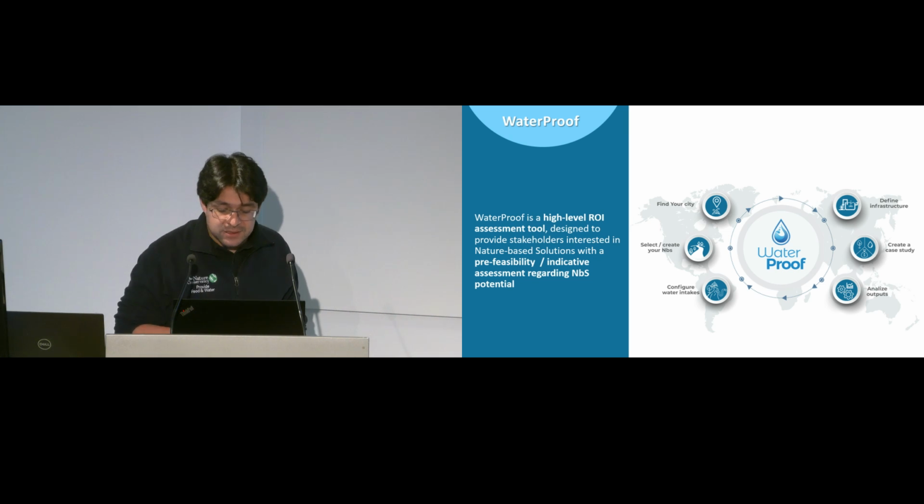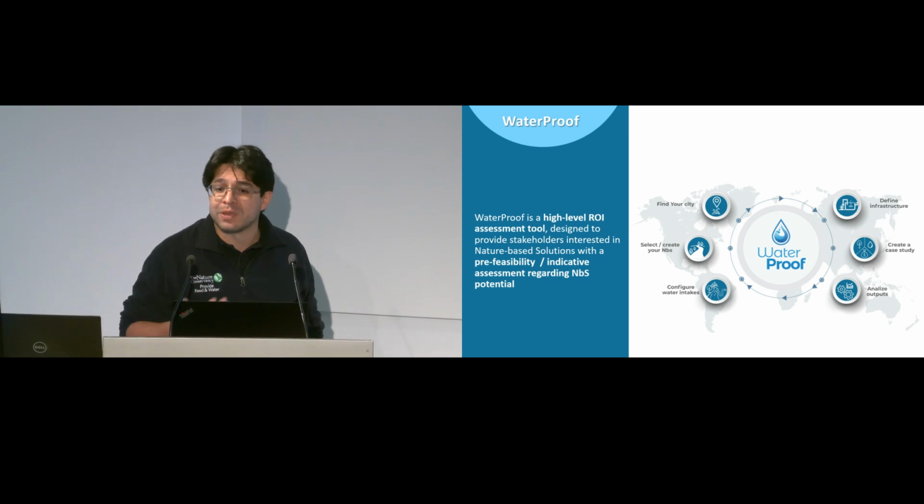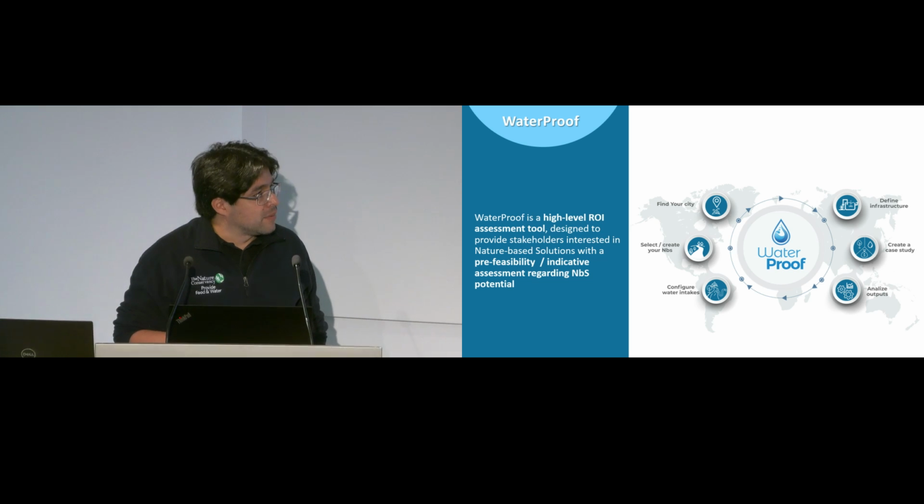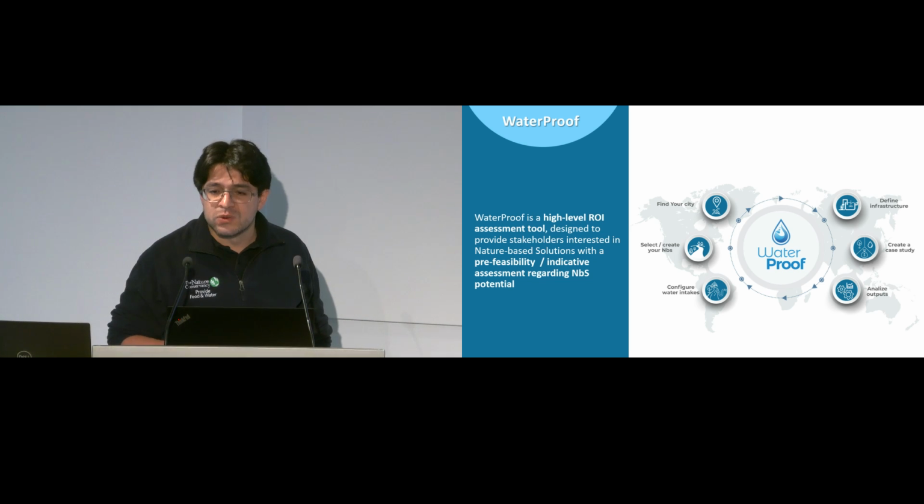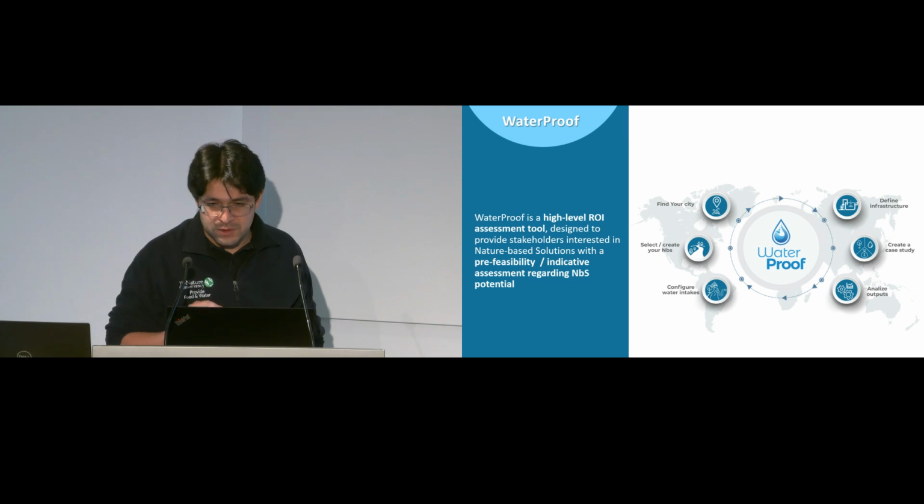Next thing is that you need to configure your drinking water supply system. And here it's important to highlight that the first version of Waterproof is very focused on drinking water supply systems. The system is flexible enough just to incorporate other kind of infrastructure, but for version 1.0, we are really focused on drinking water supply systems. So you have a method to define your drinking water supply, your drinking water treatment plant, right?